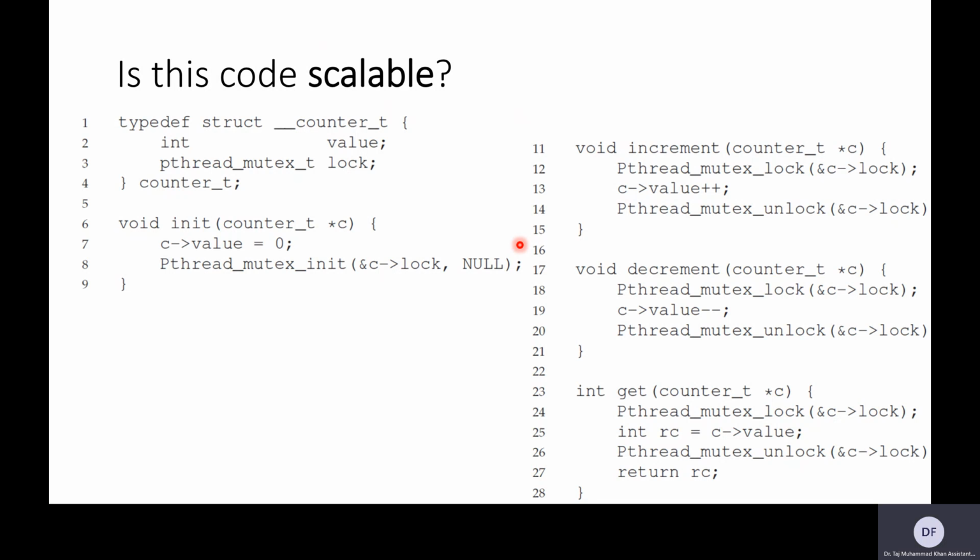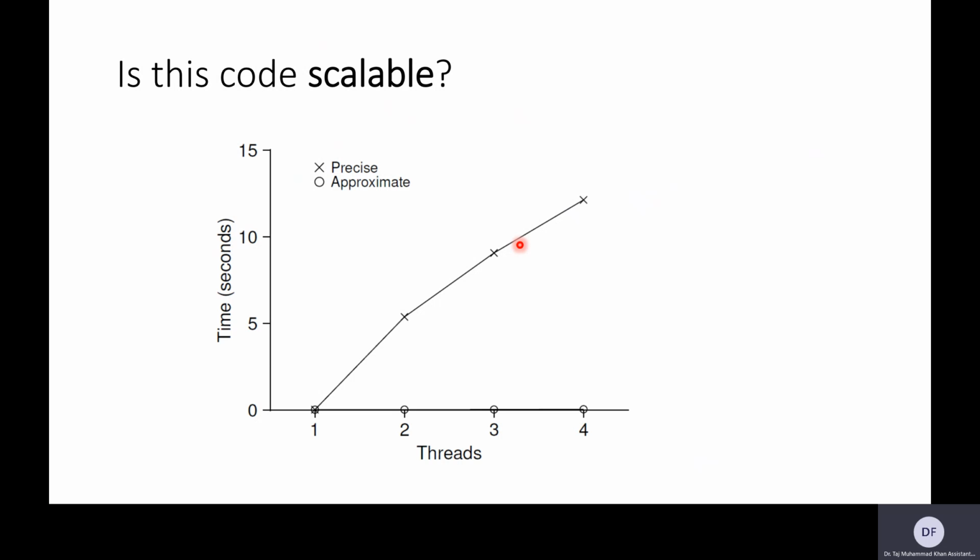So moving on to the answer, if you run this code on multiple cores, you will see that this code is not scalable. Why? Because even though there are multiple threads running, only one of them is doing useful work.